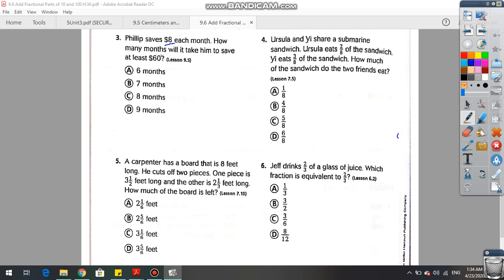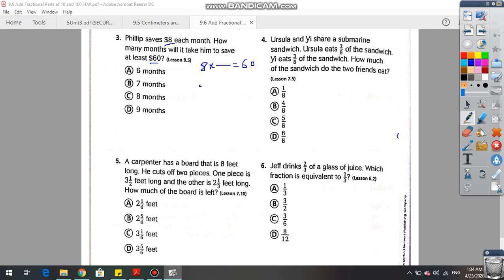Number three, Philip saves $8 each month. How many months will it take him to save at least $60? At least. So, guys, 8 times what gives me 60? Okay. And it said at least, so 60 or more, but I can't choose a number less than 60.